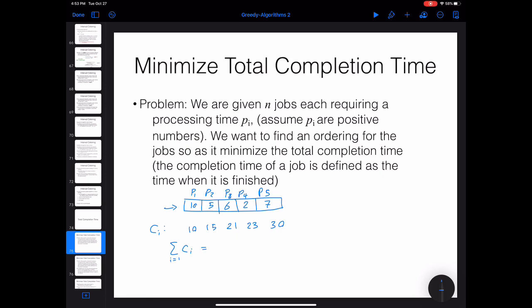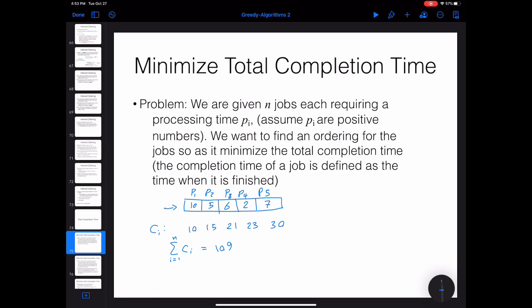Here, from 1 to n, in this example, if I follow the same given order, this is going to be 10 plus 15 plus 21. How much? 35, 56, 79, and 109 in this case.